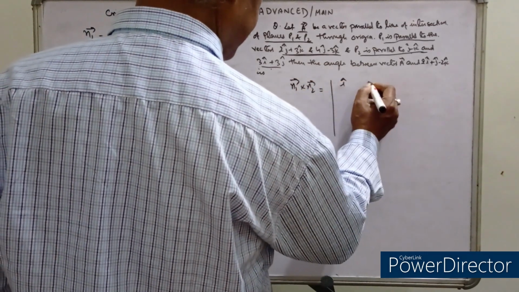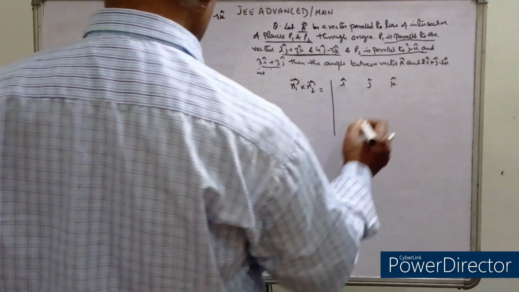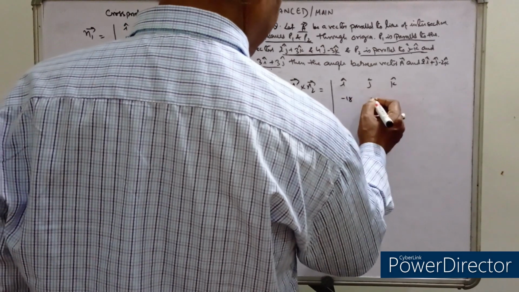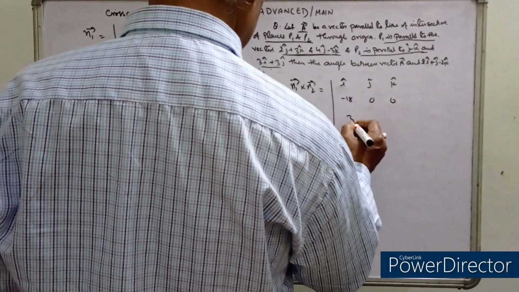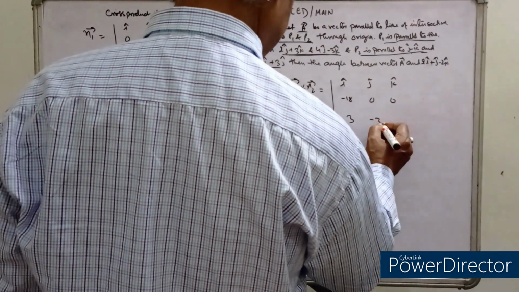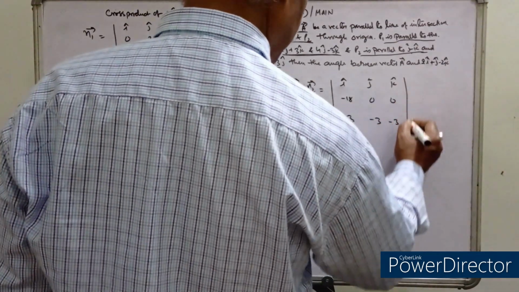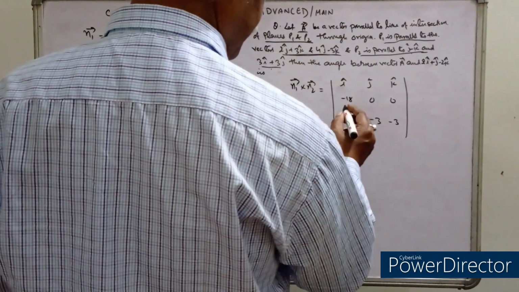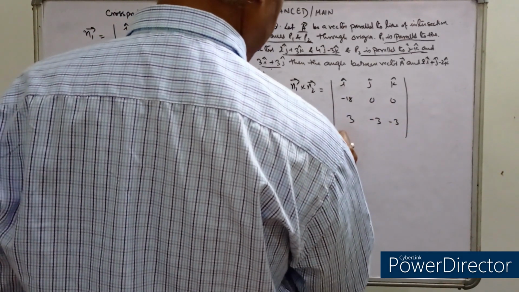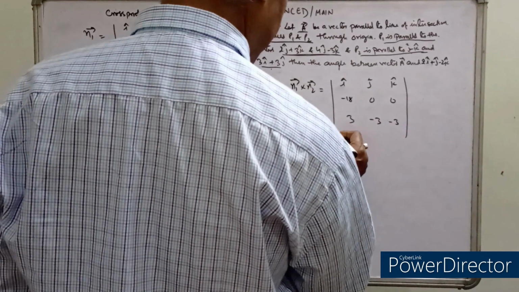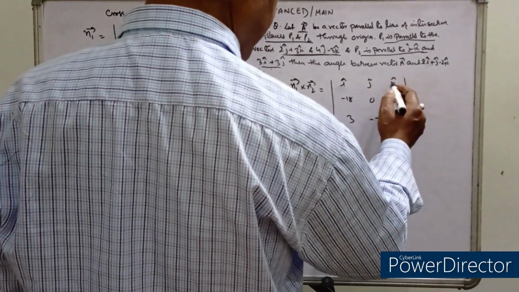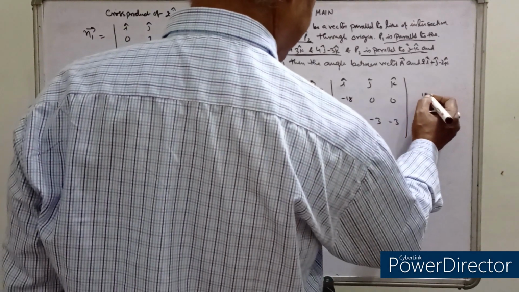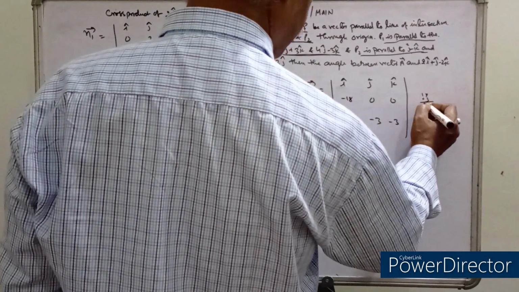That will be i cap, j cap, k cap. This is minus 18, 0, and this is 3 minus 3 minus 3. So this will be how much? I cap, that will be 0. Again minus j cap, here this and this cancel out. So this will be 18 into 3, 54.